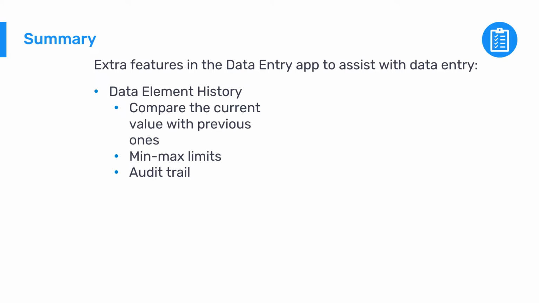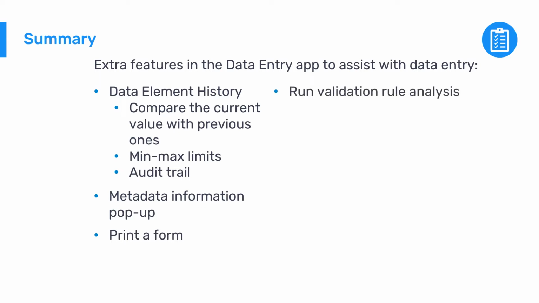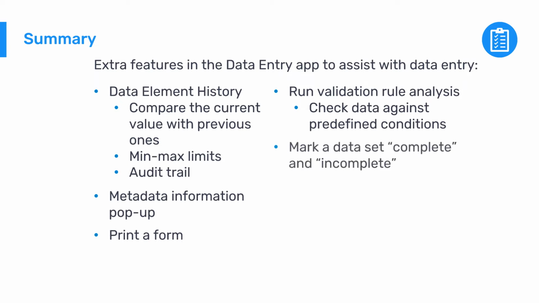You can easily track where you are at in the data entry form by looking at the metadata information pop-up, and can print a blank form or a form with values filled in. You can run a validation rule analysis by clicking the Run Validation button, which will check your data against predefined conditions. You can also mark a dataset complete and incomplete, which affects reporting rate metrics, and you can edit data after data entry to resolve issues.